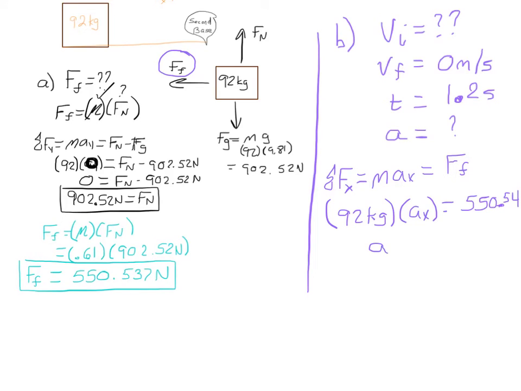So we divide both sides by 92 kilograms, so we find his acceleration in the x, and it's technically negative. So his acceleration in the x is going to be, according to how we drew it, negative 5.98 meters per second squared.